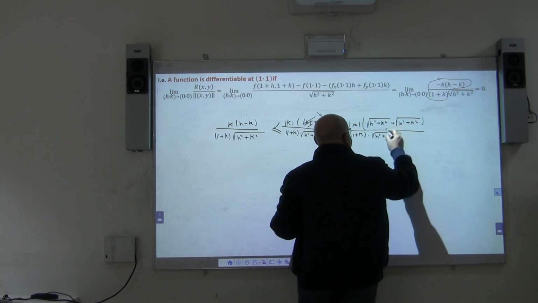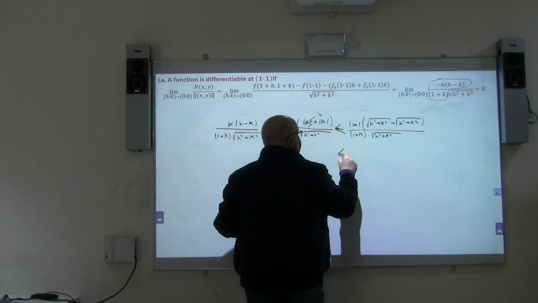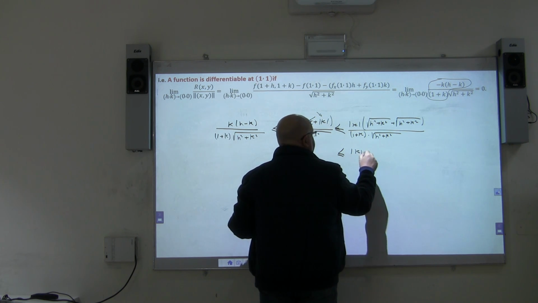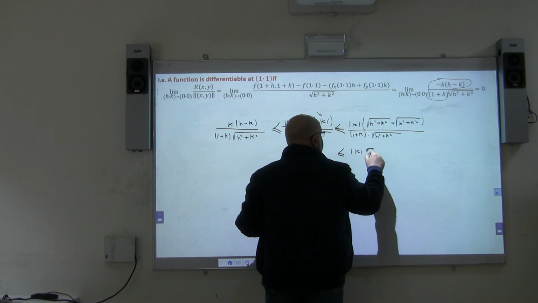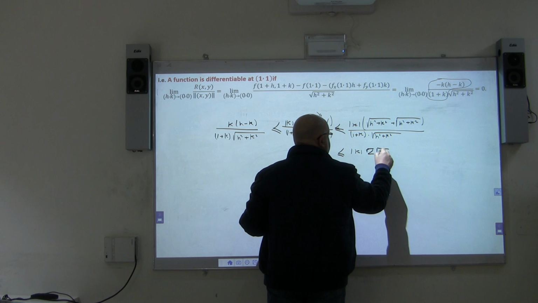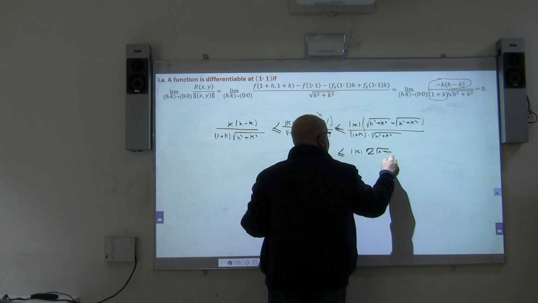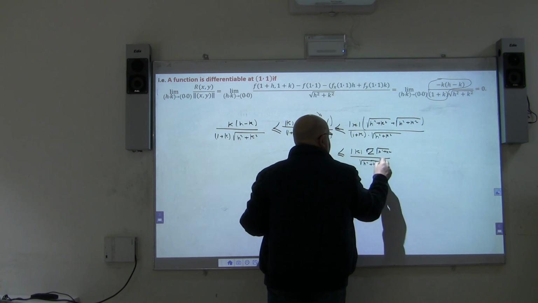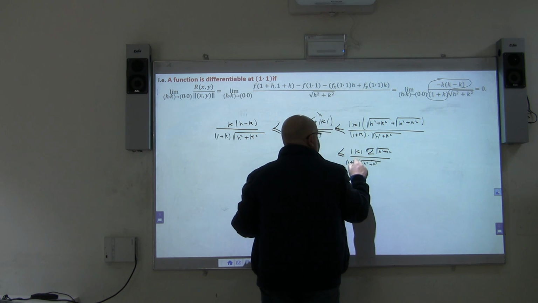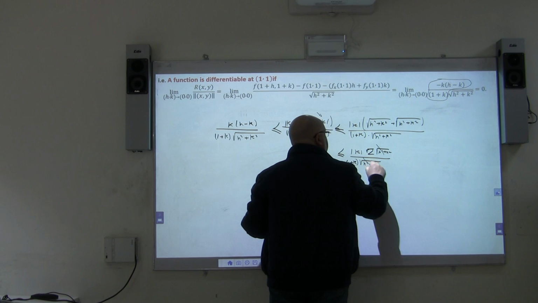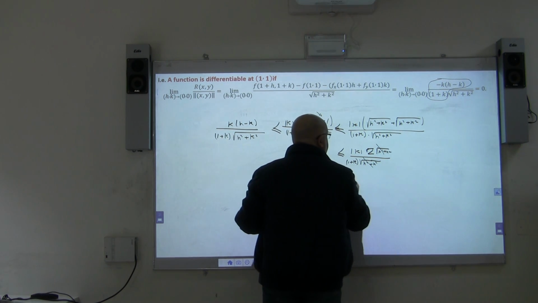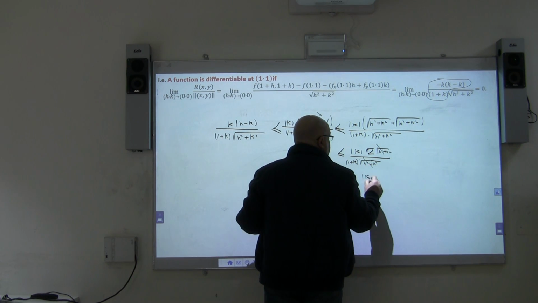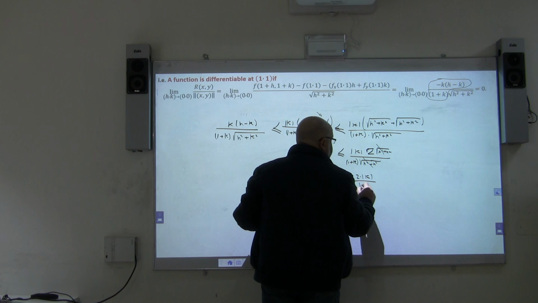If you take these two together, it will be absolute K times 2 times the root of H squared plus K squared divided by the root of H squared plus K squared times 1 plus K. Those two will cancel each other, and you will end up having absolute K times 2 divided by 1 plus K.